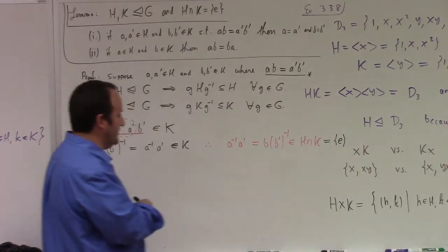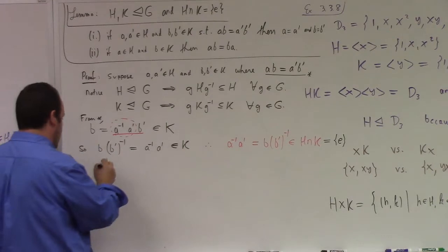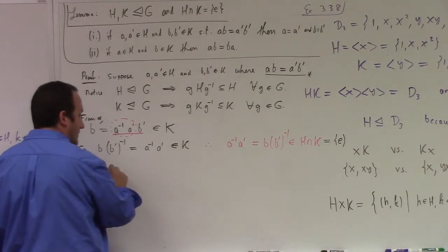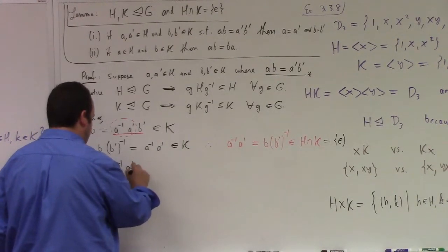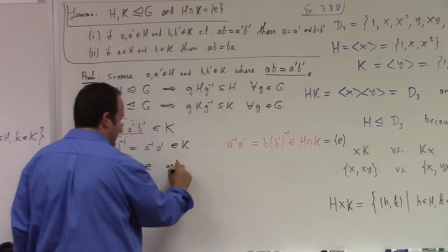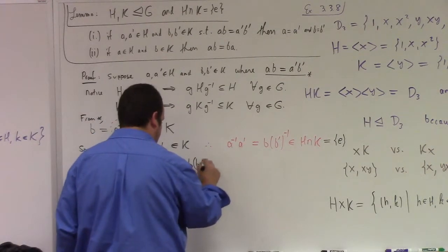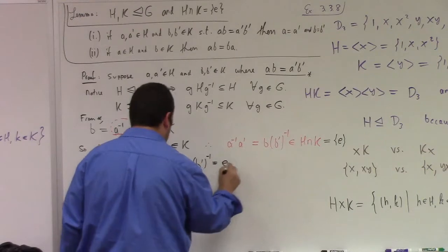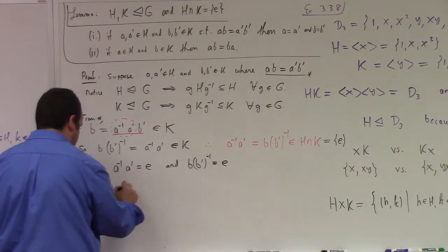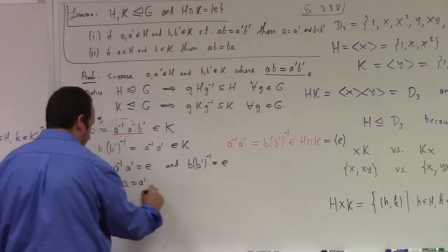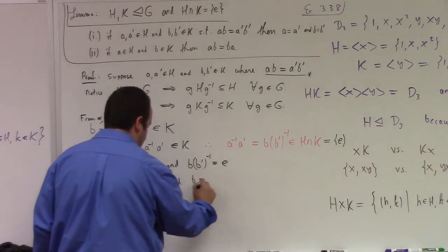So what did we just learn then? Hence, a inverse a prime equals to e, and b prime inverse equals to e, which is to say that a is equal to a prime and b is equal to b prime.